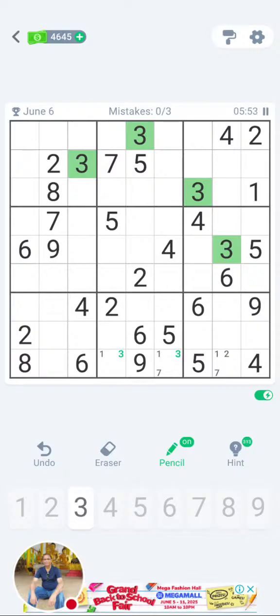So 1 and 3. And then I come to the square between 6 and 8. So 1, 2. 2 I cannot do, because 2 is already in that square, and 7 is in the vertical line above. So I can only fill in 1 and 3.